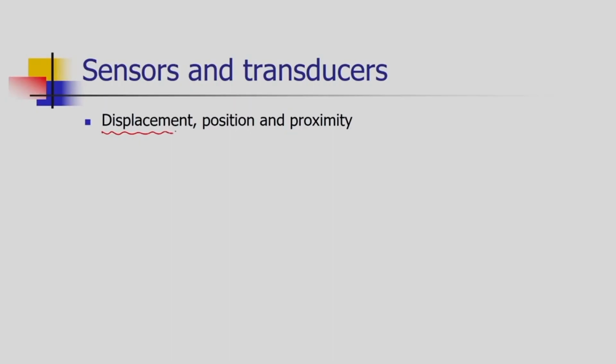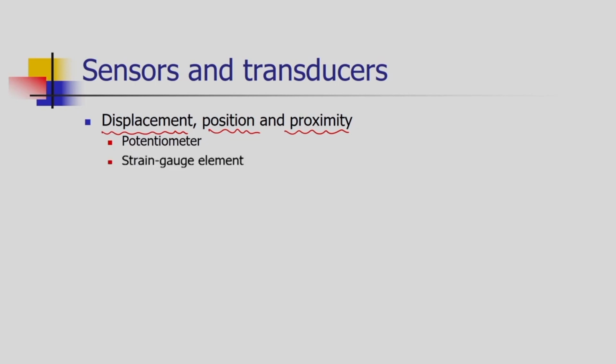Proximity. Proximity is the closeness with the object. When the objects are coming closer to the equipment or the instrument, we need to generate certain signals to know the proximity of those elements or objects. So, for that purpose we need the proximity sensors. So, displacement, position and proximity, there are various sensors.